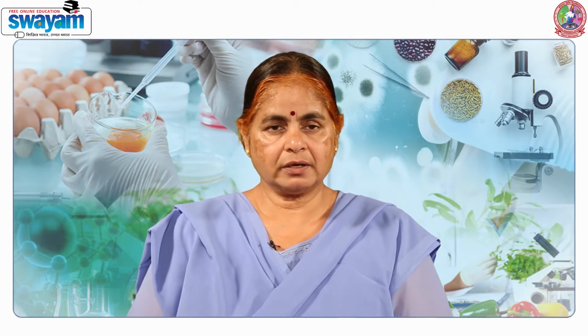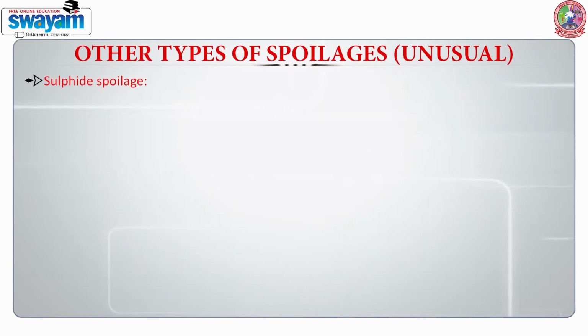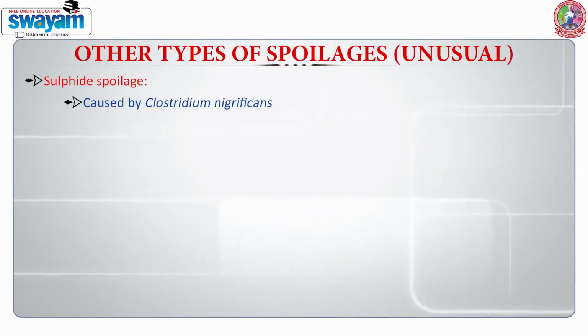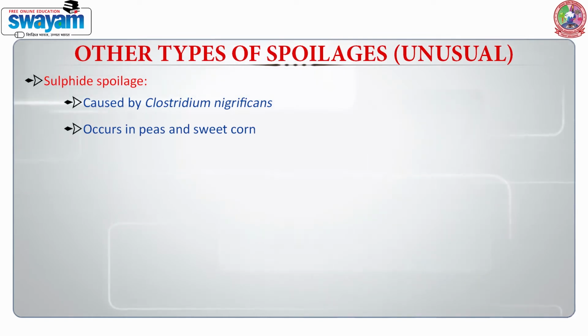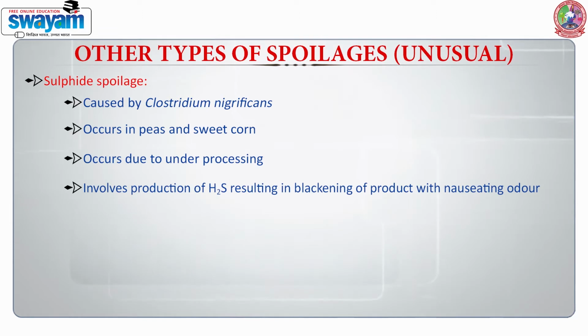Some other unusual types of spoilage are being told now. These are sulfide spoilage, which is caused by Clostridium nigrificans, and it is commonly seen in peas and sweet corn. The reason for its contamination is under processing, and it is a result of hydrogen sulfide production, and the product will show a blackened appearance and can have a nauseating odor.